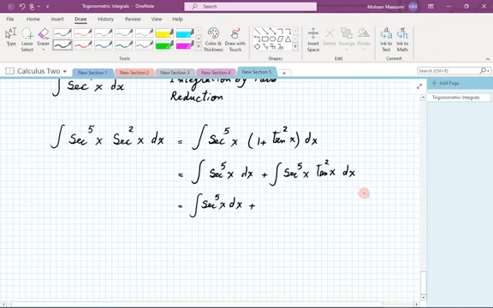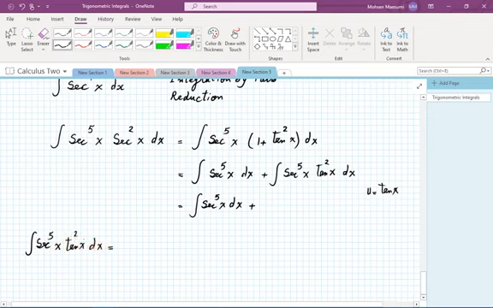We take u to be, let's see, I take it to be tangent of x. So let me write it here maybe. Let's separate that problem: secant to the power of 5 of x, tan squared of x dx.